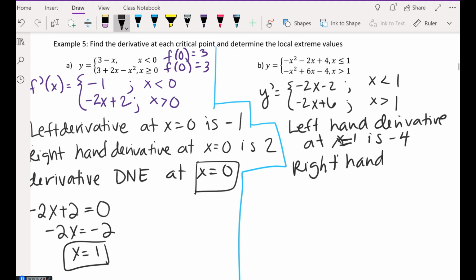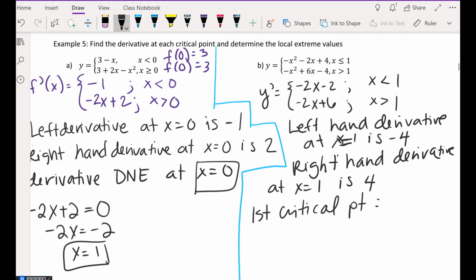Right-hand derivative at x equals 1 is 4, you said? It's 4, thank you. So the first critical point is x equals 1.